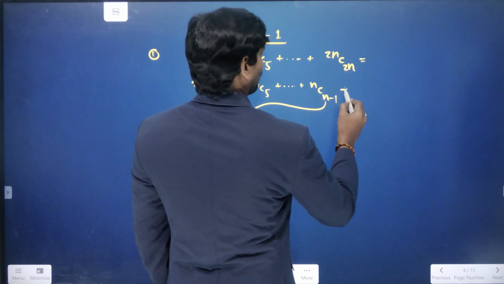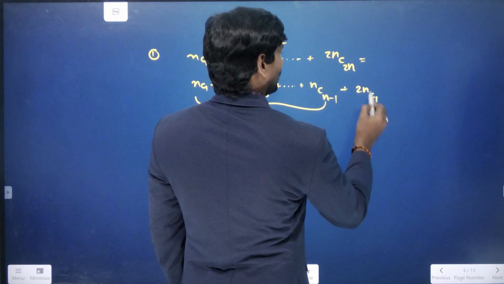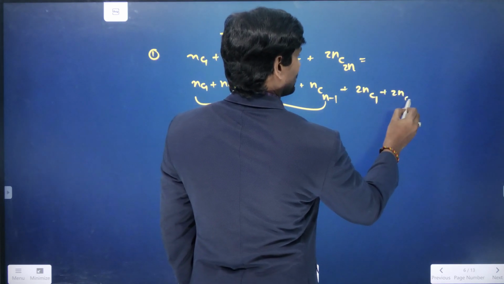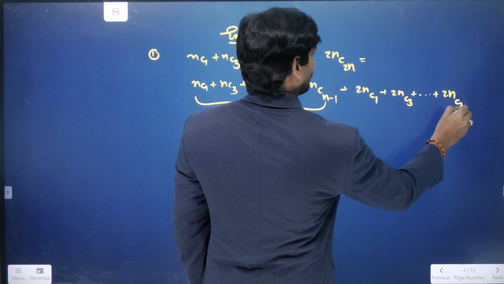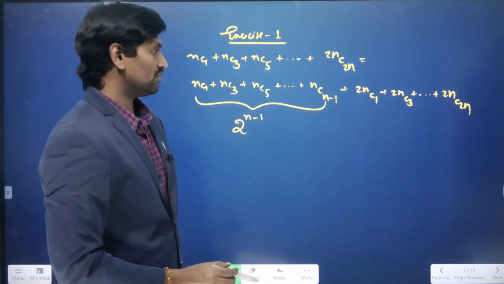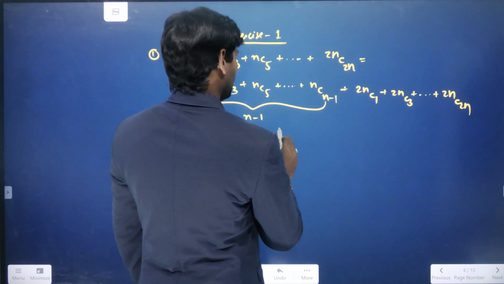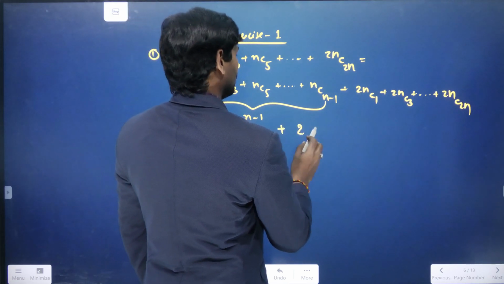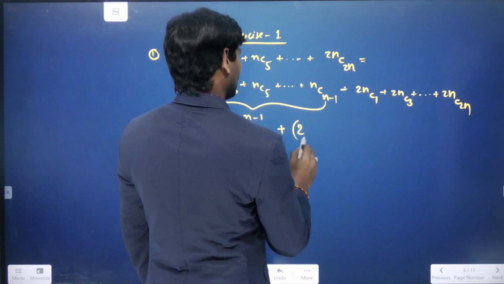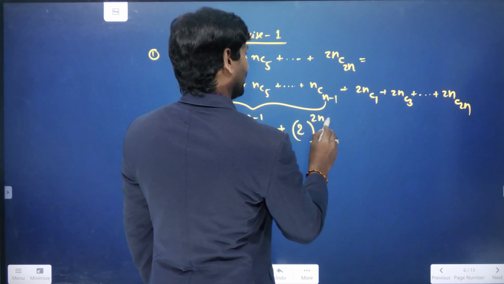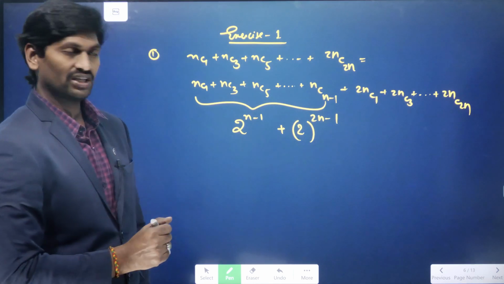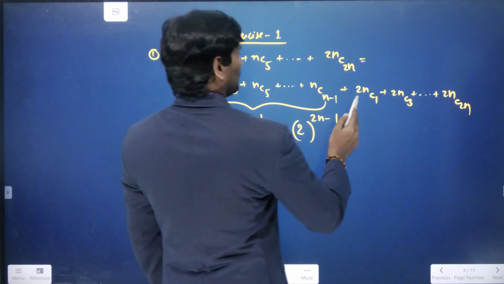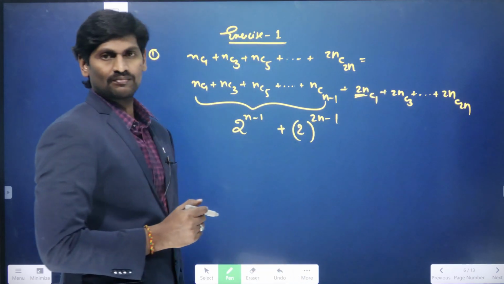And if you start from 2nC1 plus 2nC3 plus and so on plus 2nC2n, here also it will be 2 power 2n minus 1. Okay? 2 power 2n minus 1, because in the place of n it is given 2n.